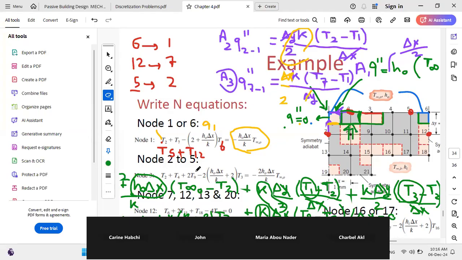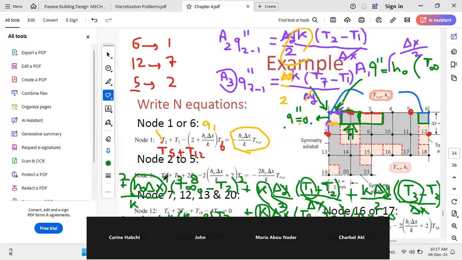The coefficients will be the following: T1 plus T3 plus 2T8 minus 2 times H0 delta X over K plus 2 T2 equals minus 2 H0 delta X over K times T infinity.